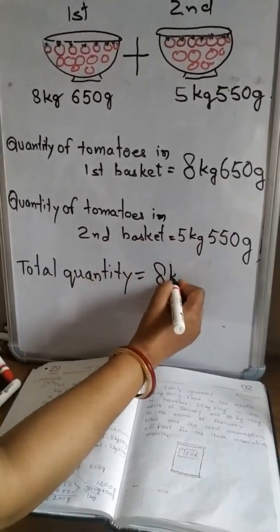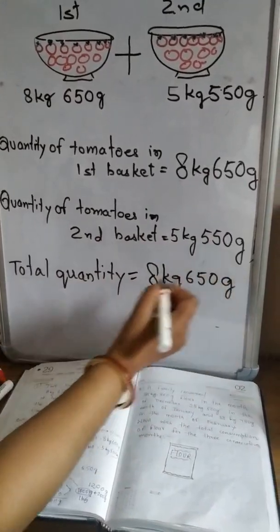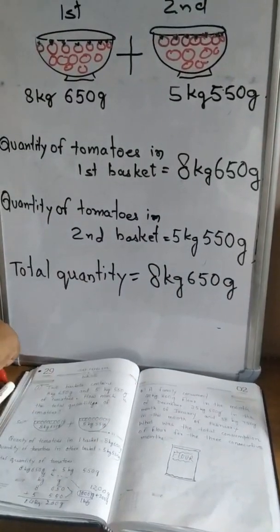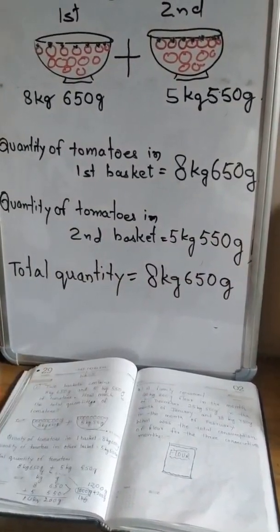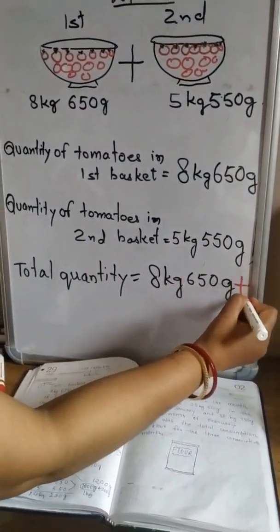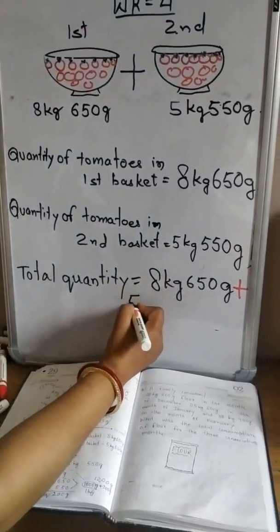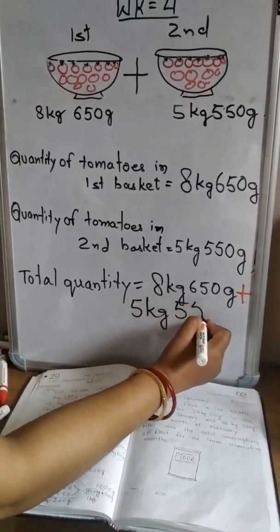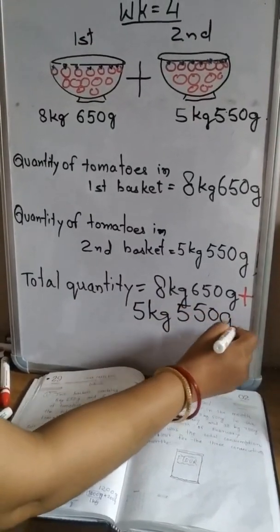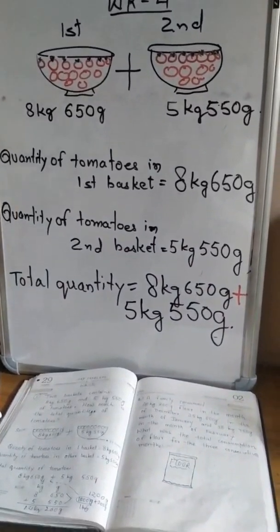8 kilogram 650 gram is added with 5 kilogram and 550 grams. So now let us do addition. Children, all of you see it carefully.